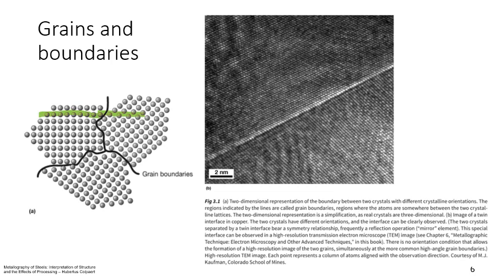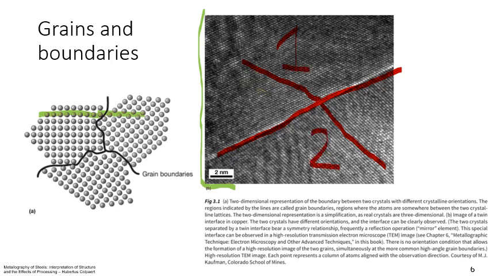So here is an image from an electron microscope showing the actual grains and their orientation. And then the grain boundary separates between one orientation and another. So we have grain 1 and grain 2 being distinguished from one another by a different crystal orientation.